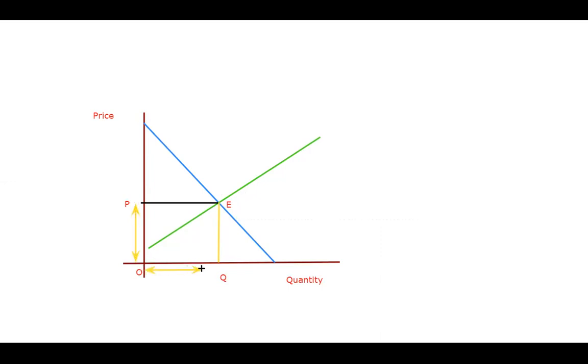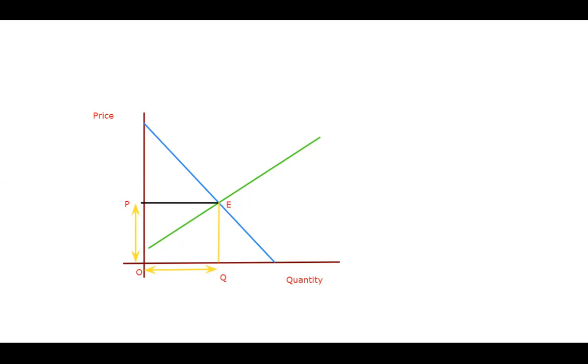So the area of this rectangle, POQE, is your total revenue. Always remember this. We know the rectangle formula: how do you calculate the area of a rectangle? P multiplied by Q. That's it.